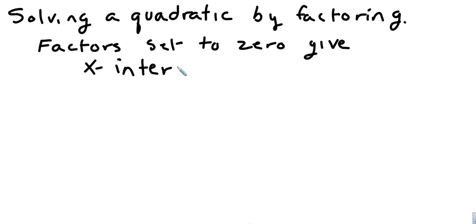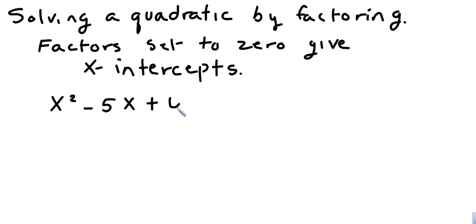We've looked at y-intercepts, we've looked at the vertex, we've looked at various individual points, but we've never looked at the x-intercepts. So if we solve our quadratic by factoring it or by any other method and set those factors equal to 0, we have the x-intercepts of the function.